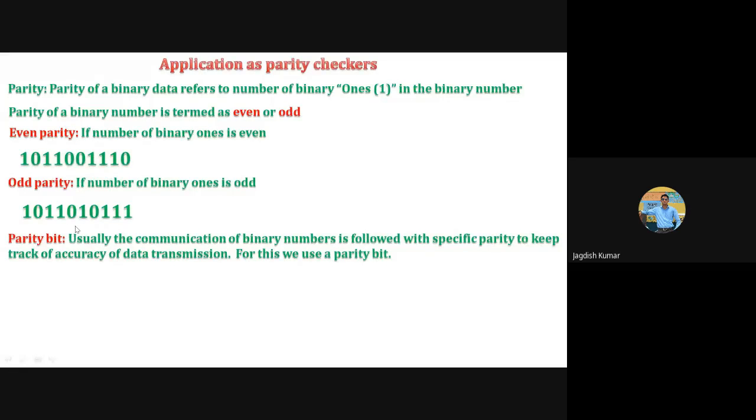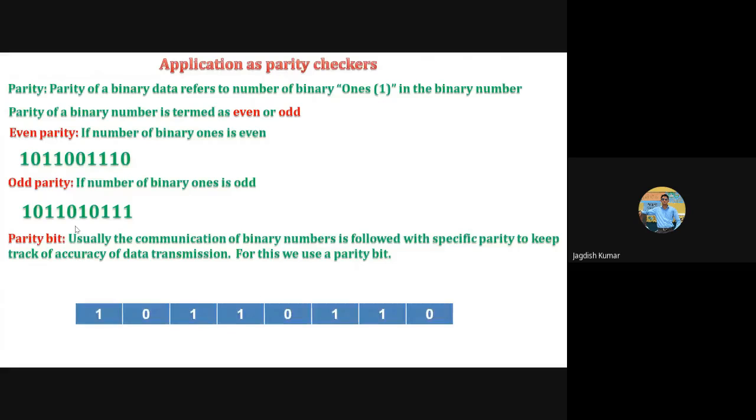So this kind of risk of bit flipping is very prominent in digital communication. So to avoid that bit flip and to cross check if the data is correctly received as it was transmitted, we make use of parity bits.